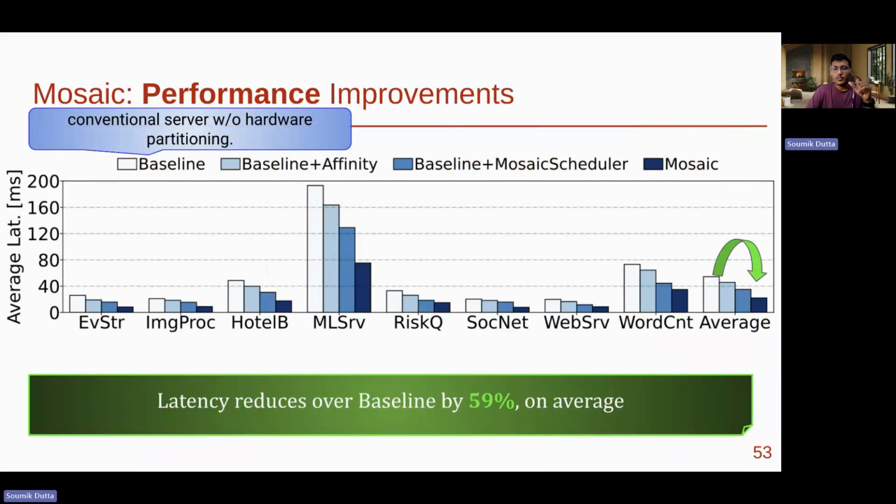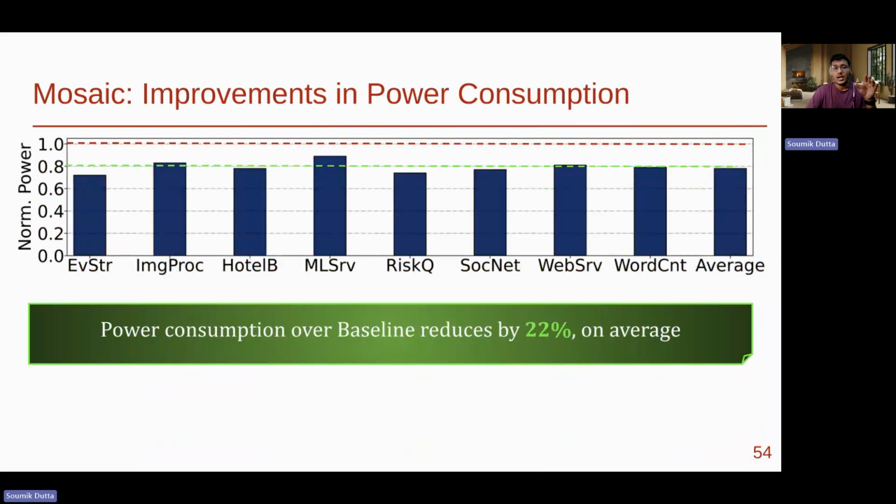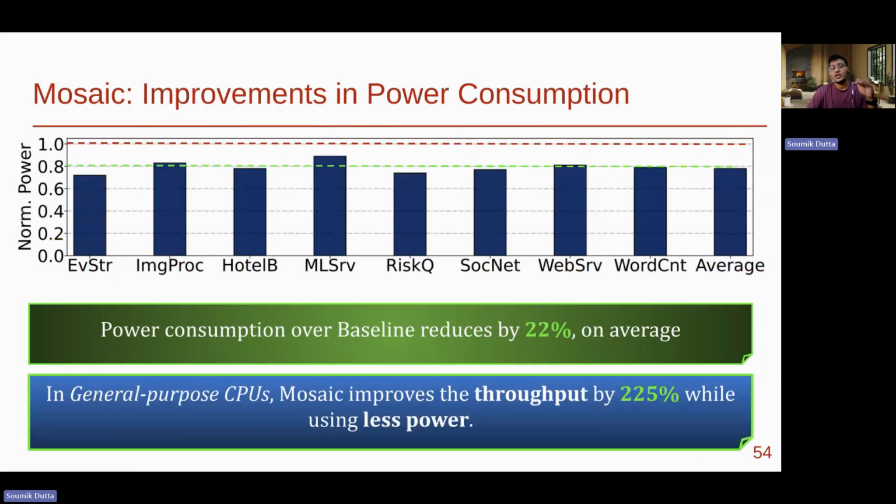We can see that for Mosaic, the average latency is reduced by 59% on average. Similarly, from the power consumption point of view, we can see from the graph that in the Mosaic implementation the power has been reduced by 22% on average. So in general purpose CPU, Mosaic improves the throughput by 25% while using less power. So this is the overall picture of the Mosaic approach.